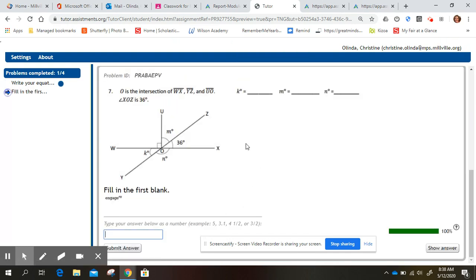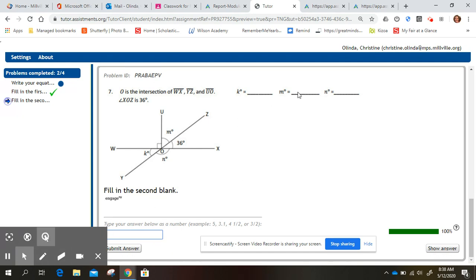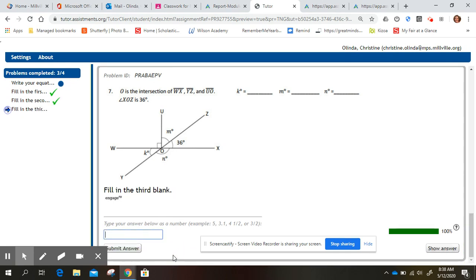And now they're asking me for all of the answers here. So it says fill in the first blank. Well, K, remember, was complementary to ZOX, and that was 36. So our second blank was M, and when we found that from the other problem, that was 54. And then the third blank, I don't even remember what it was.